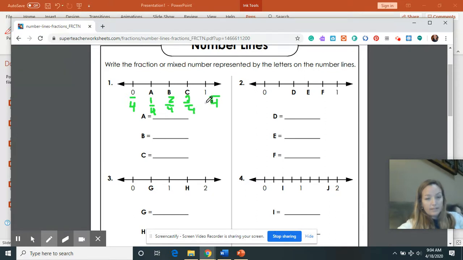Okay, so I have my number line all set up. And then finally, my one whole would be 4/4. As we know, when the denominator and the numerator are the same, that is a way to show one whole.